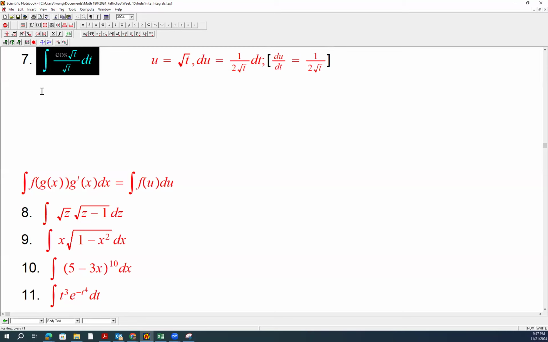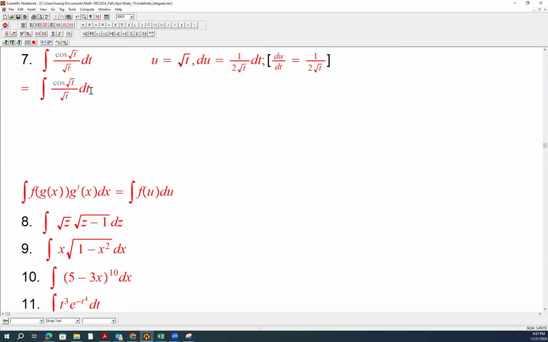From this part, I'm going to copy and paste here. On this part, of course, this is a u, root t. We can write it that way. And dt over root t, we can solve for it.